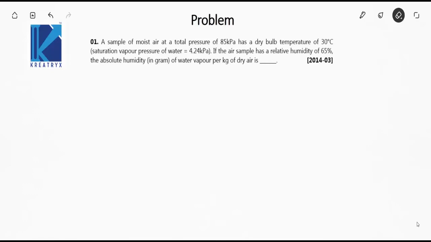A sample of moist air at a total pressure of 85 kilopascal, representing the total pressure as PT, has a dry bulb temperature of 30 degrees Celsius.